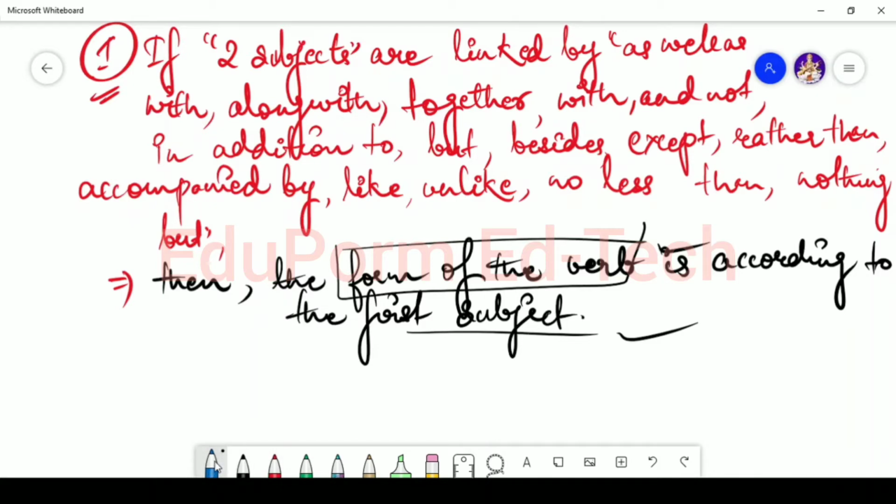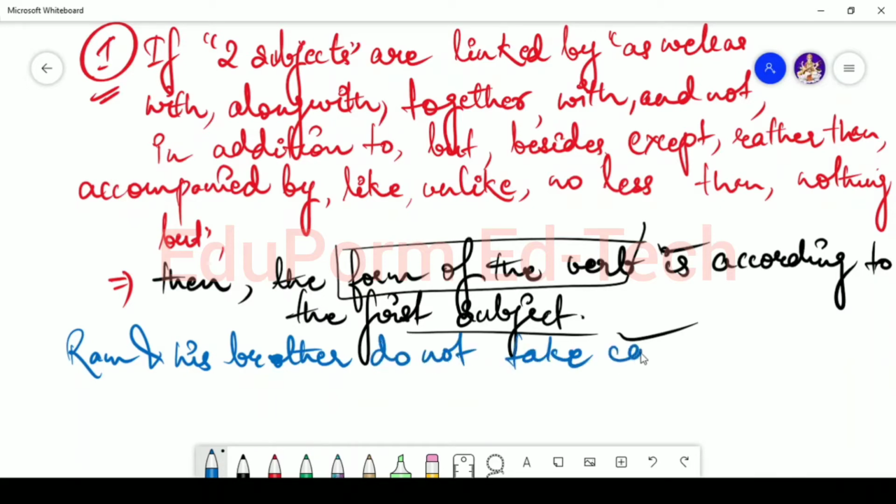Ram and his brother do not take care of their grandfather.